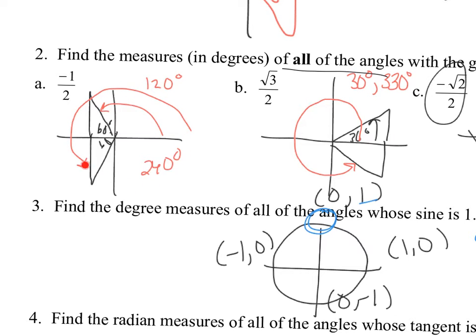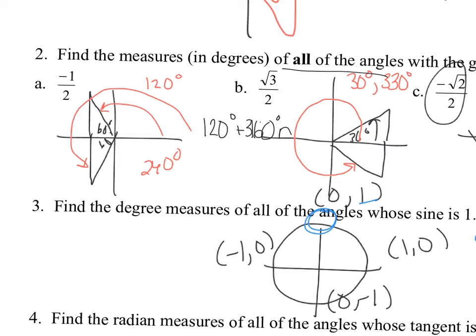You could do 120 plus 360 plus 360 plus 360. You could keep going. So to add all the angles, we're going to write that the answer is 120 degrees plus 360 times n, where n is the number of times you go around.